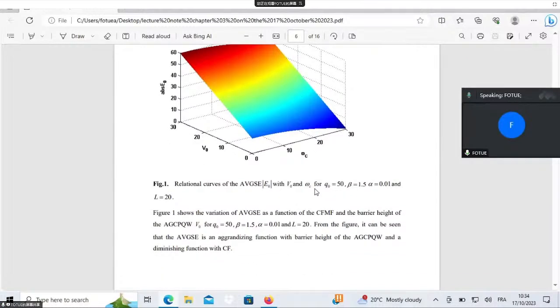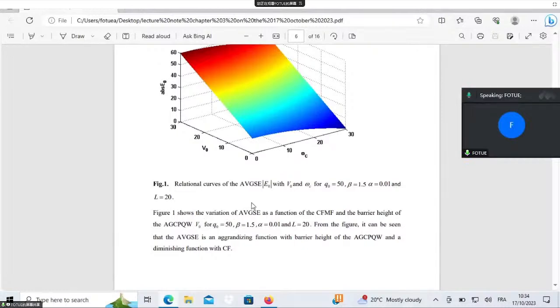This graph is plotted for the weak coupling regime, characterized by the strength alpha equal to 0.01. It is also plotted for the impurity strength characterized by beta equal to 1.5, and for the cutoff wave number Q0 equal to 15.